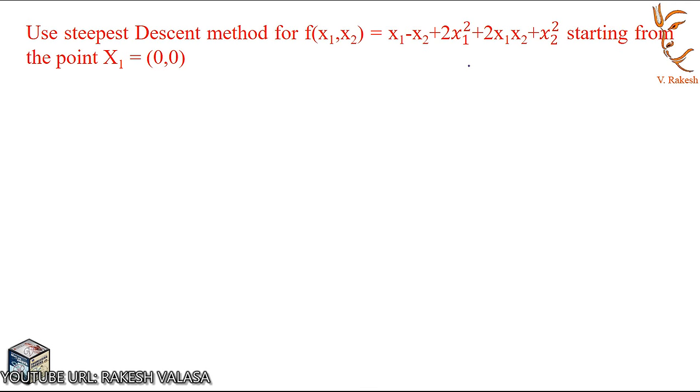Now calculate the gradient of f. First, you can calculate the gradient of f, that is delta f equal to dou f by dou x1, dou f by dou x2.